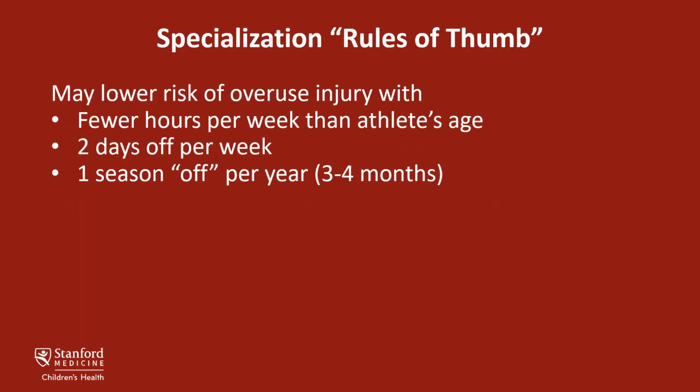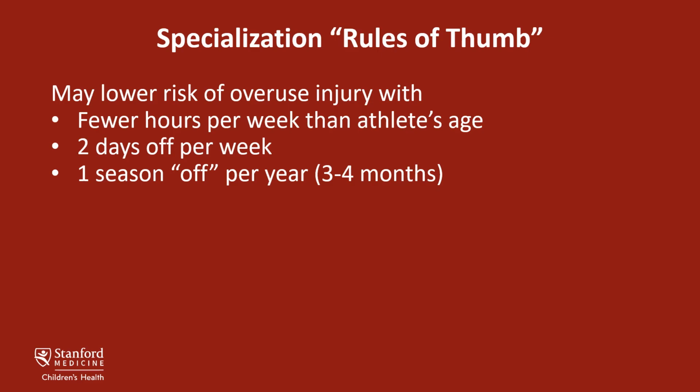Based on this study and the position statements from the societies that I showed before, we talk about these rules of thumb to be a sort of harm reduction when we think about counseling parents who are committed to sport specialization for their child.